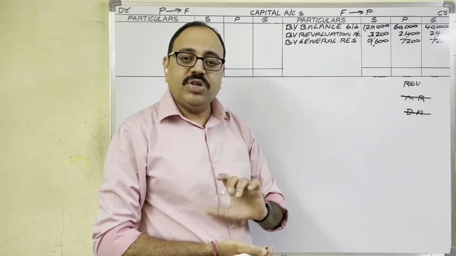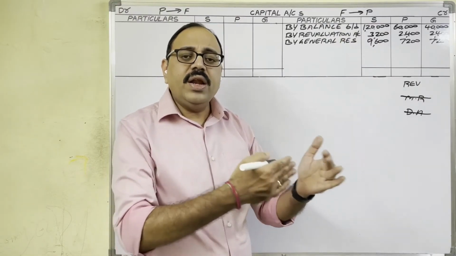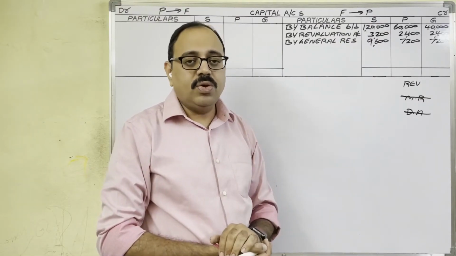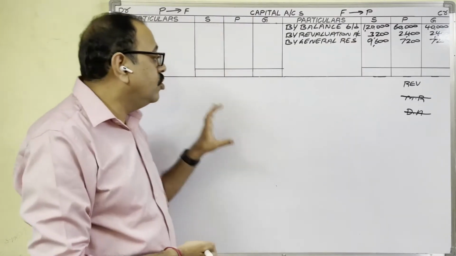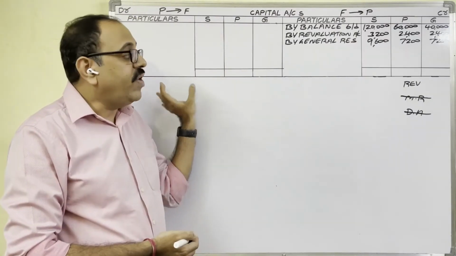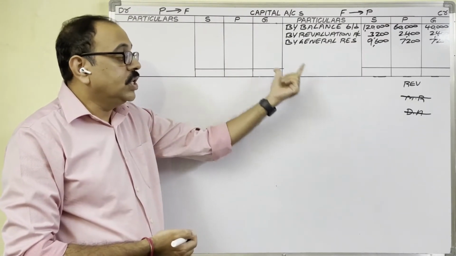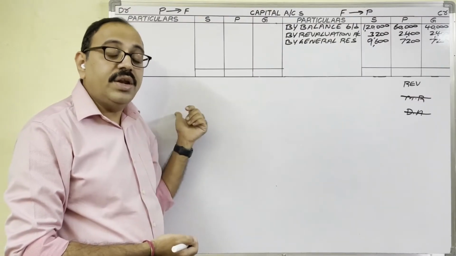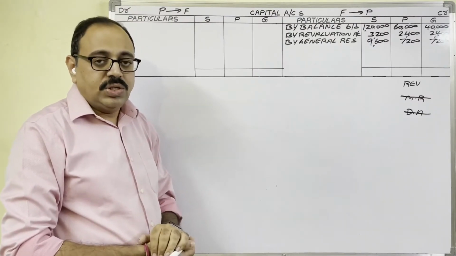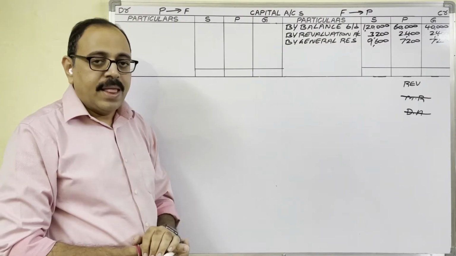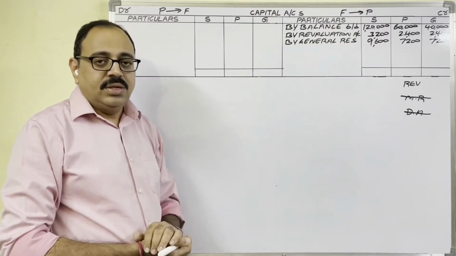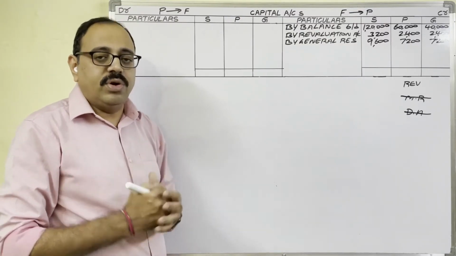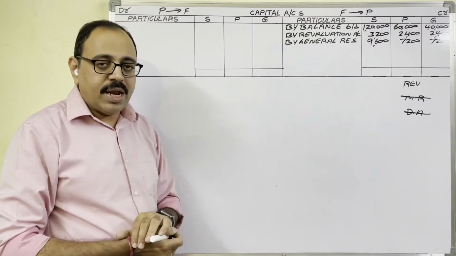So we should write the goodwill entry now. We are not writing journal entries, even though my advice is to write goodwill entries, because while preparing capital accounts and goodwill account, these entries are useful for us. Goodwill is an asset, and the firm wants to create goodwill. An asset shows a debit balance.